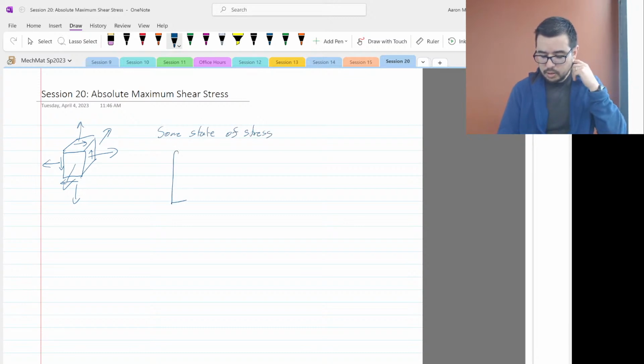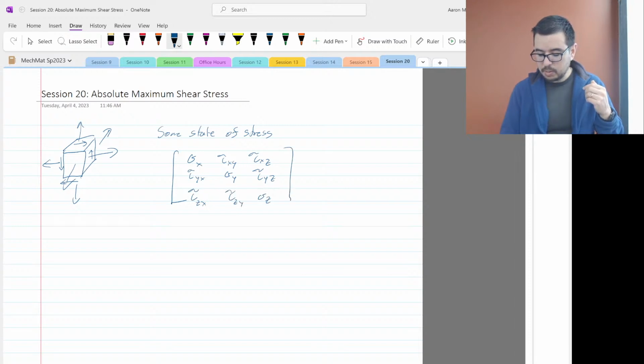And in tensor form, we would say this is sigma x, tau xy, tau xz, tau yx, sigma y, tau yz, tau zx, tau zy, and sigma z.